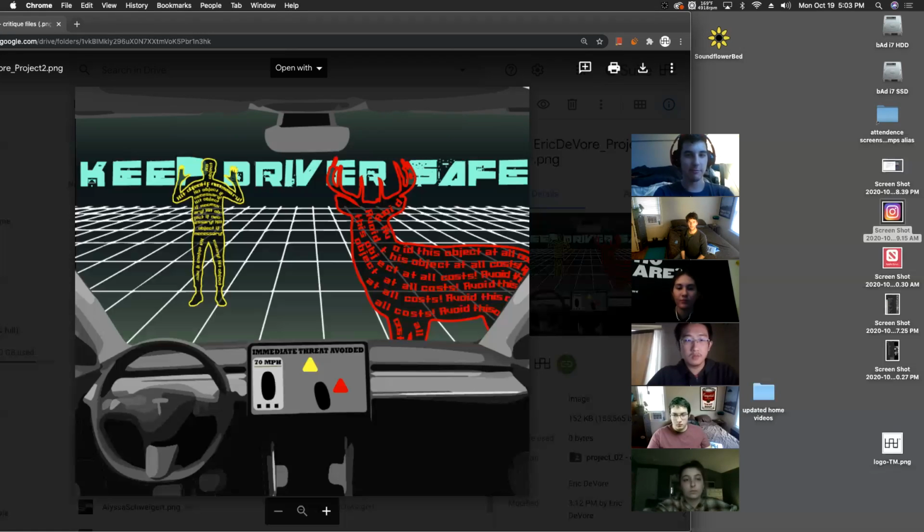I think that it could be beneficial to shift our perspective to the driver's seat. Because then it might hit the point home a little bit that we're in the car. It gives you a little bit more of that choice.